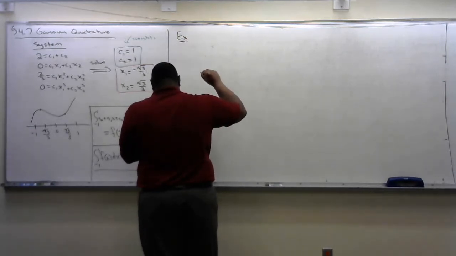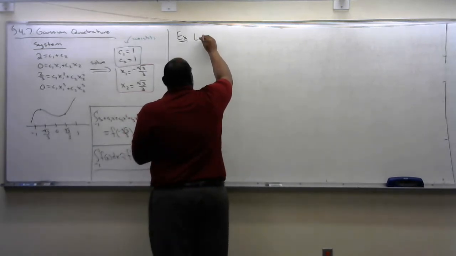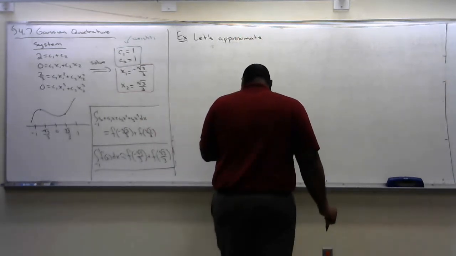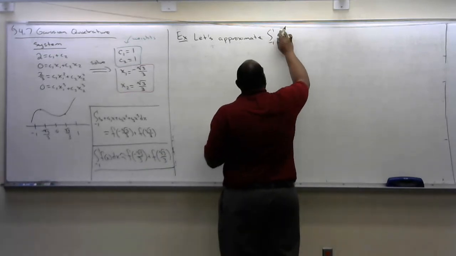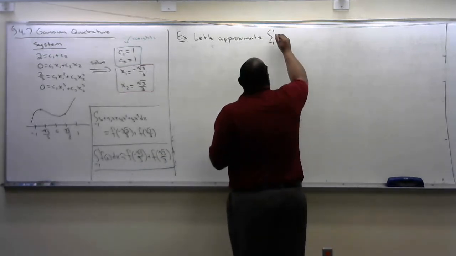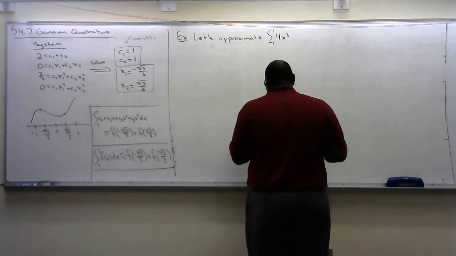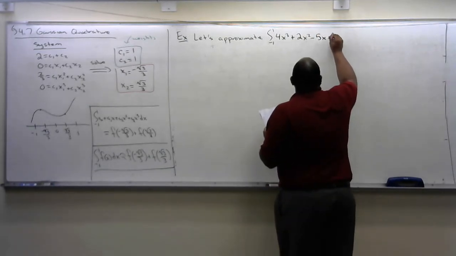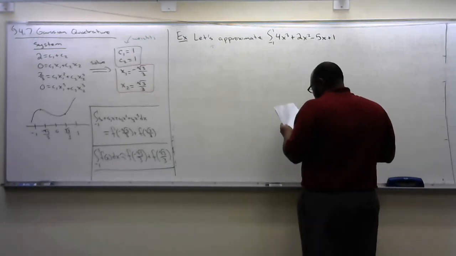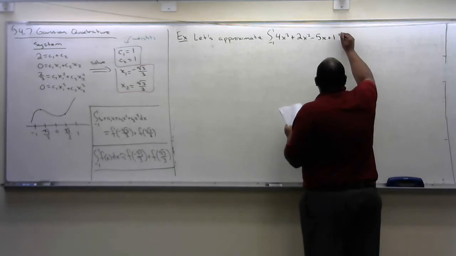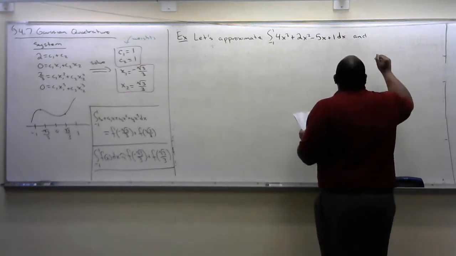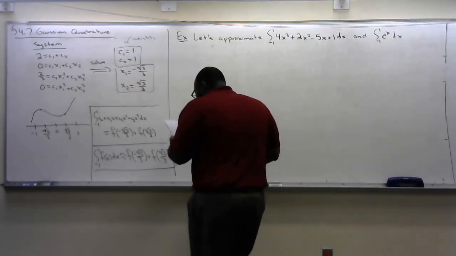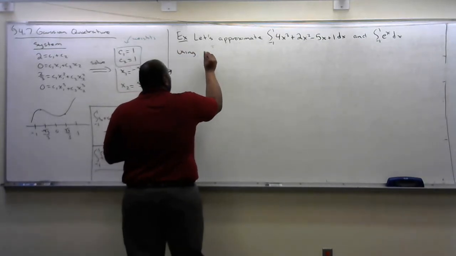Let's approximate the integral from -1 to 1 of 4x cubed plus 2x squared minus 5x plus 1 dx, and the integral from -1 to 1 of e to the x dx, using Gaussian quadrature.